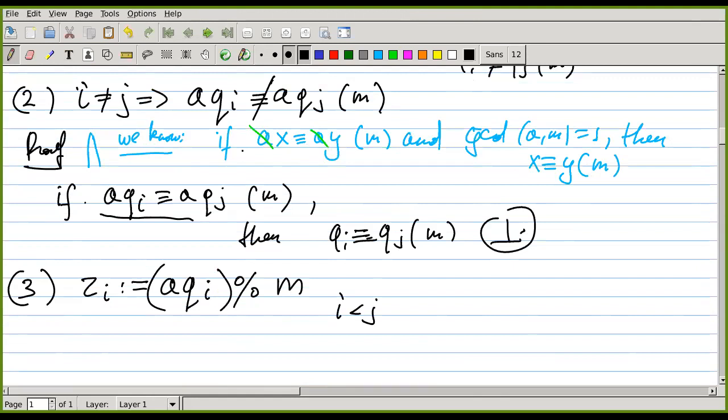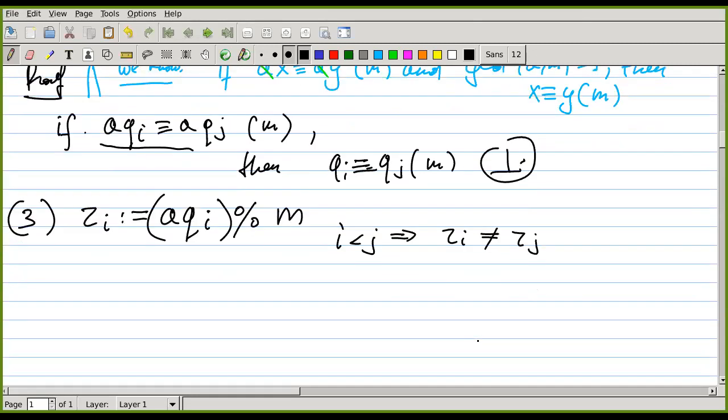Okay. So these Q's are all numbers between 1 and m minus 1 which are co-prime to m. Now we know that aQi and aQj are pairwise non-congruent modulo m. Let's consider the remainders modulo m. I say that the remainders are distinct. Is it obvious?